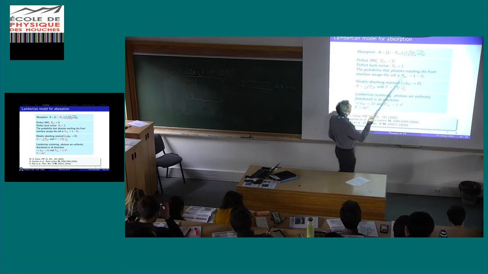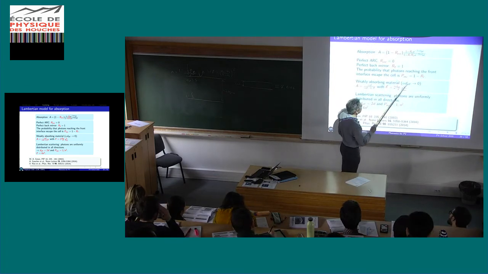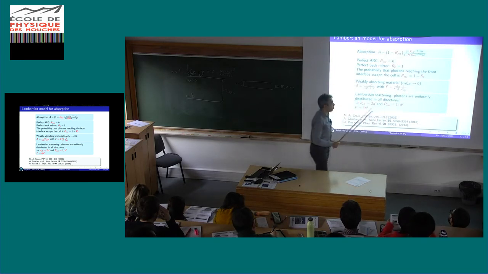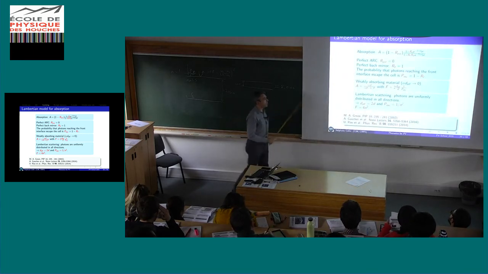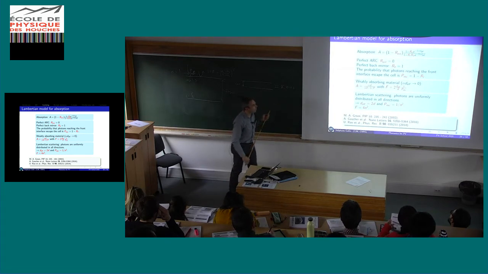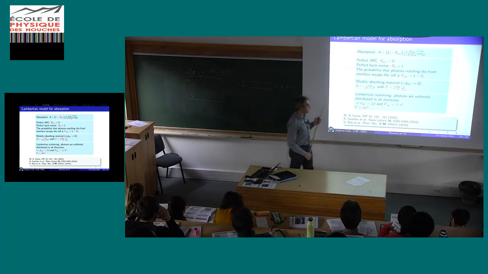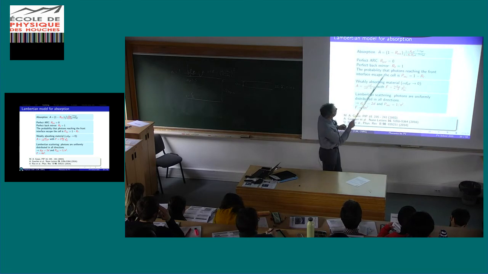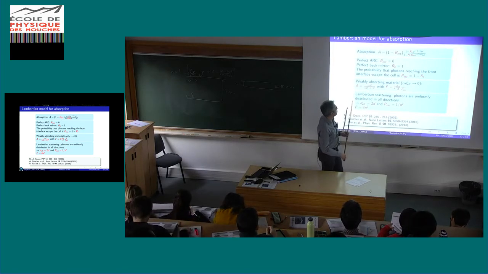Now, if you take all these assumptions and if you assume that alpha d is small, so you come back to the case of weak absorbing material, as Yablonovitch did, then you can make a few approximations and find exactly, there is a mistake here, it's a plus, exactly the same equation as previously.